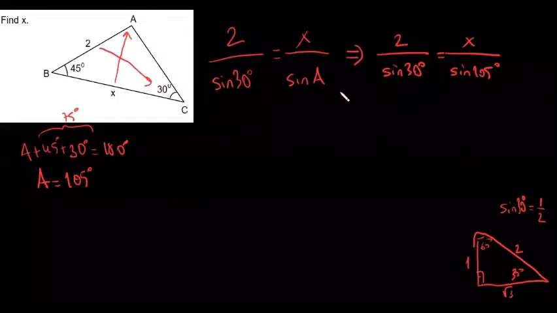So now we can write that 2 over 1 over 2 is equal to x over sine of 105 degrees. So what is 2 over 1 over 2?